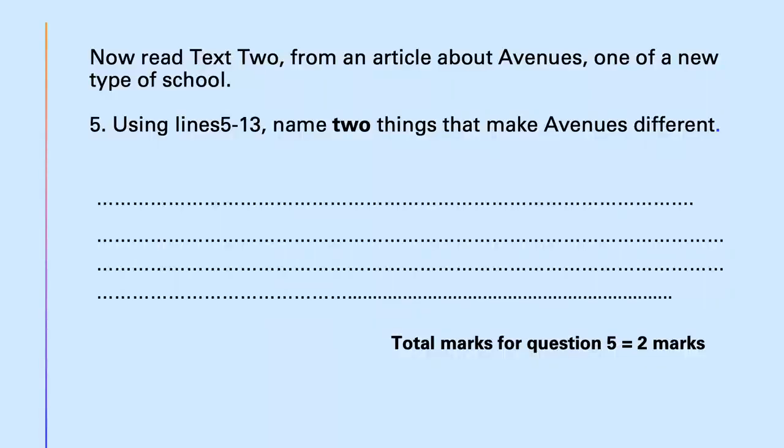Now let's do the questions from the article about Avenues, one of a new type of school. Using lines 5 to 13, name 2 things that make Avenues different. Only 2 things. It should be a literal question. And let's see the answer.